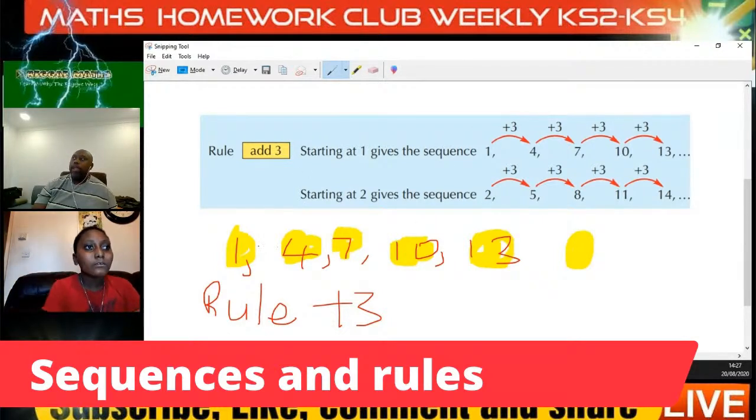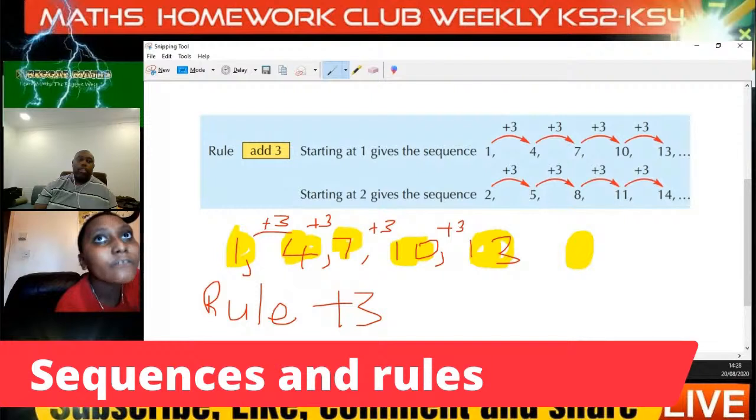I start with 1 and I'm adding 3 each time. 1 plus 3 is 4. 4 plus 3 is what? 7. 7 plus 3 is 10. 10 plus 3 is 13.